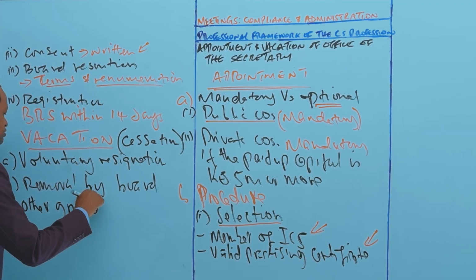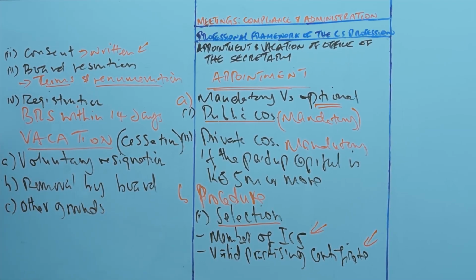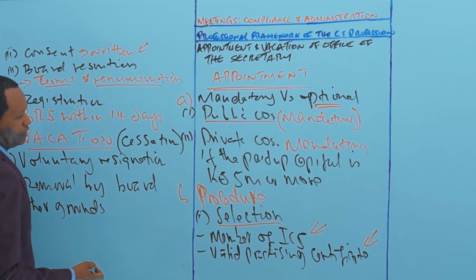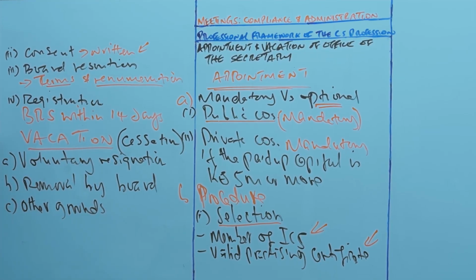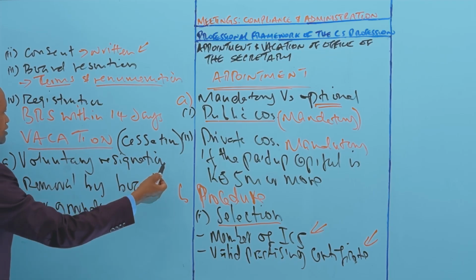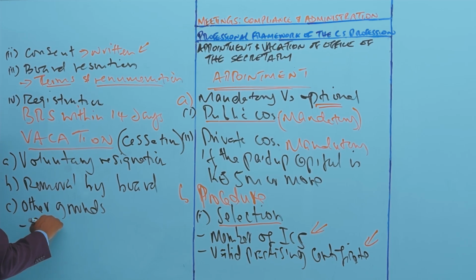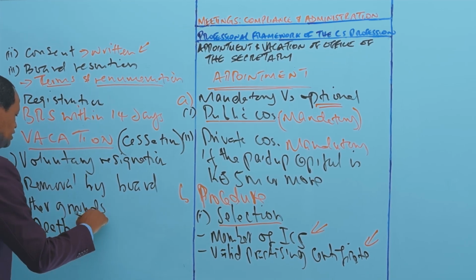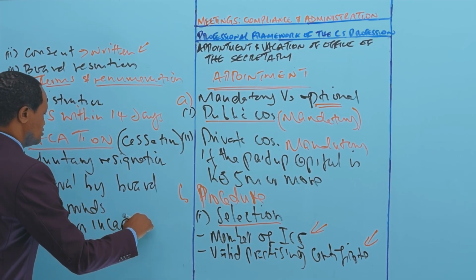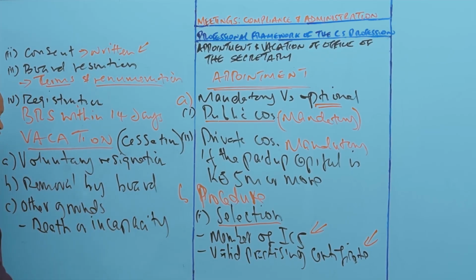Then we have other grounds for vacation. What are the other grounds that may lead to the vacation of office of a company secretary? We've seen voluntary resignation and removal by the board, but we have other grounds like death or incapacity. In the event that the company secretary dies, the office becomes vacant automatically.